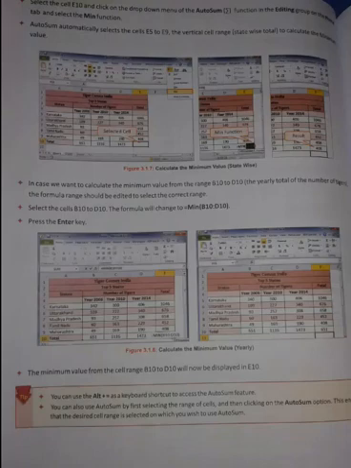After pressing enter, the minimum value that exists in the cell range from B10 to D10 will be displayed in E10, because you have entered the result in E10.